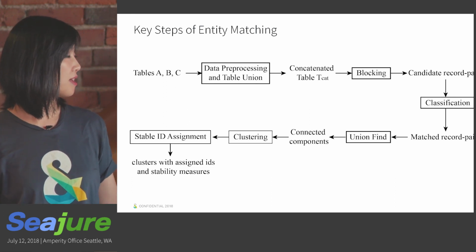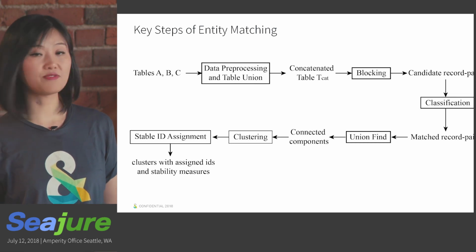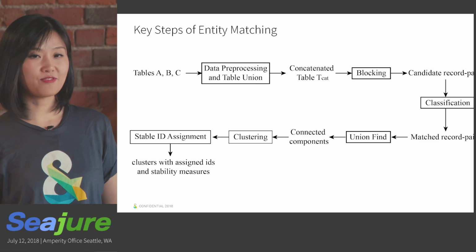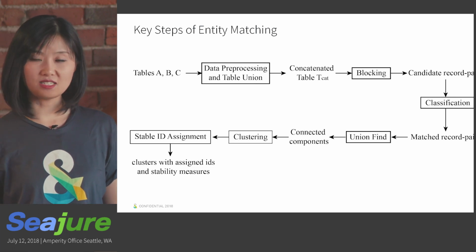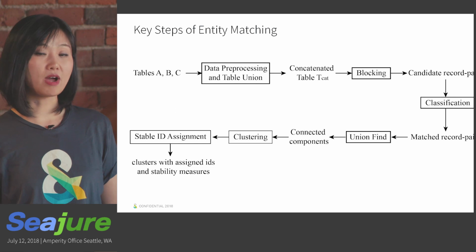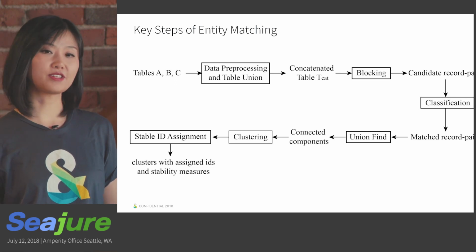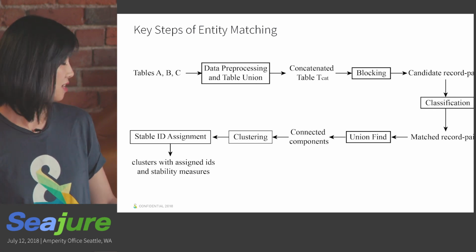And then there is stable ID assignment, which is Vamperity's novel algorithm to provide a traceable ID throughout all the clustering runs, so that the customer knows how to track their customers. They have a stable ID.